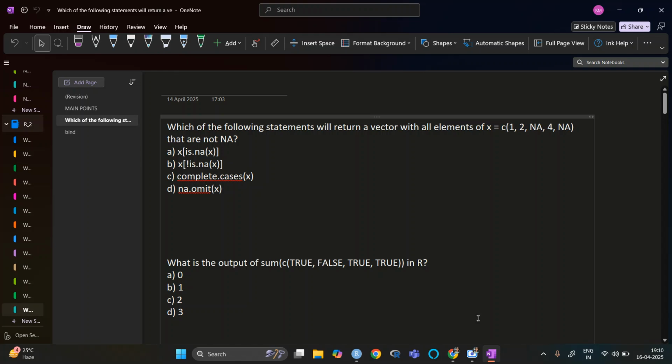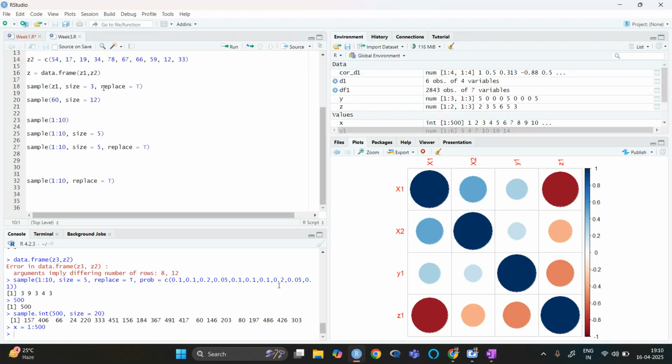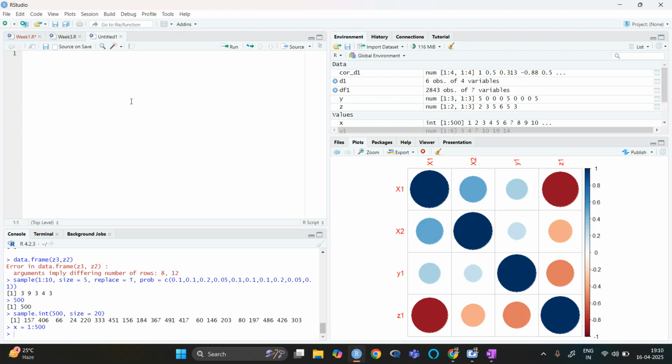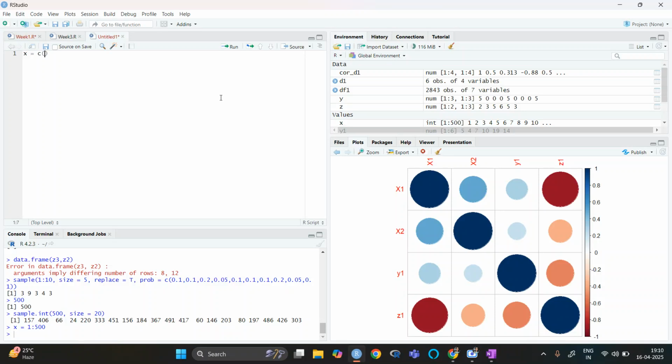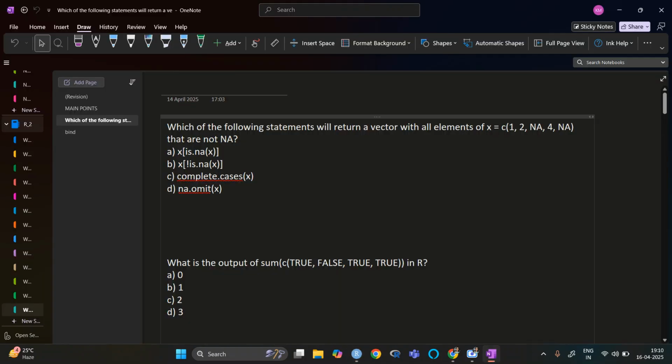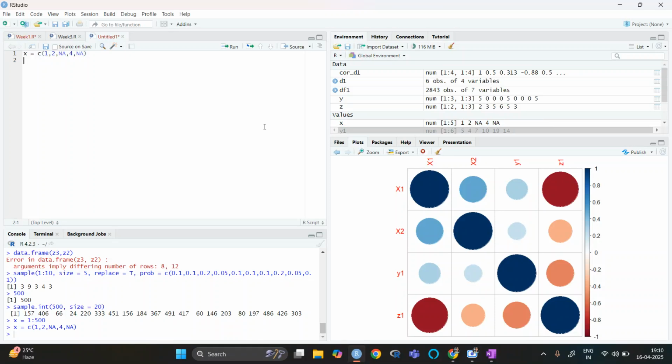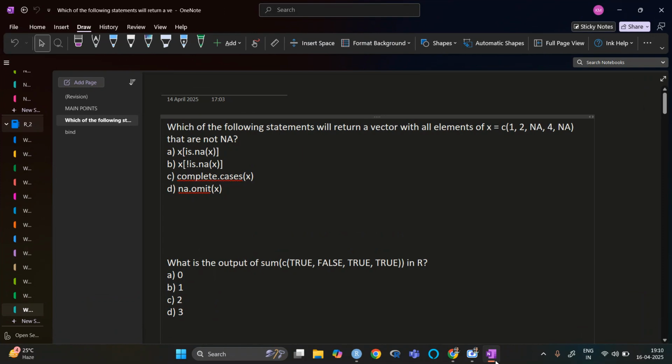If I write x is equal to c(1, 2, 1, 2, NA, 4) and then NA, and if I do is.na(x), it is going to give me which are NA. Which command, ma'am? is.na.